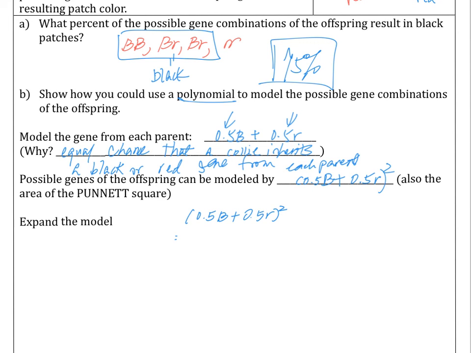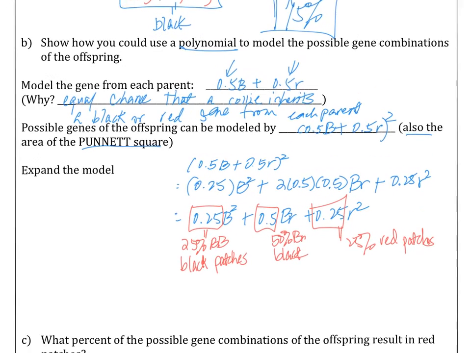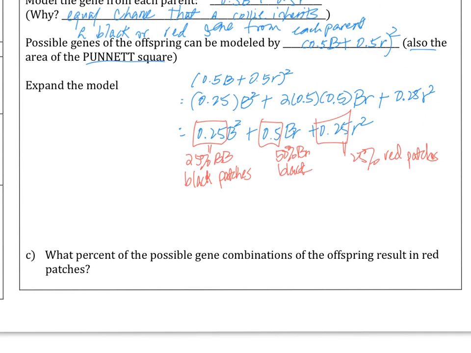Now this leads us to the next question. What percent of the possible gene combinations of the offspring result in red patches? Well, it would be 25%. And this concludes the lesson.